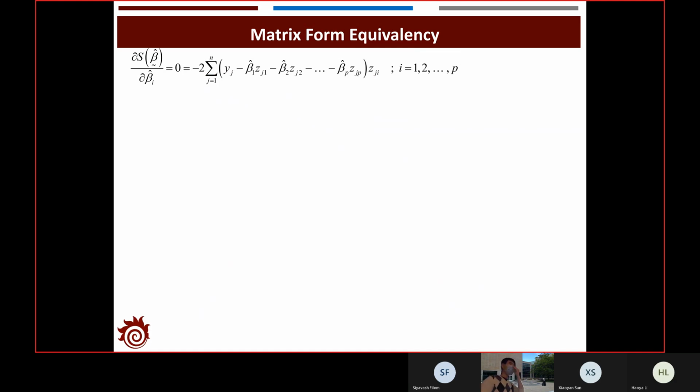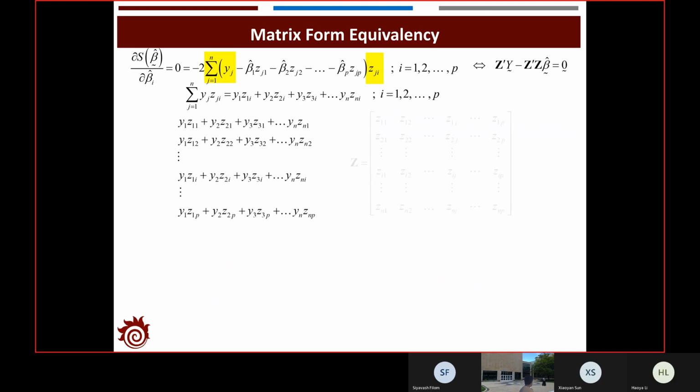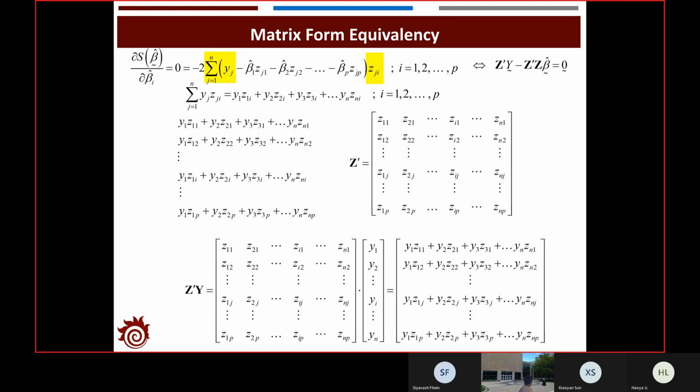Again, I will not go through the details of the derivations. If you check everything, you can find the formula for the first component of this equation is exactly z prime times y.